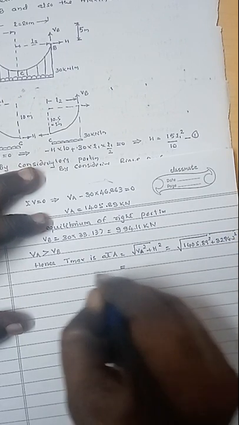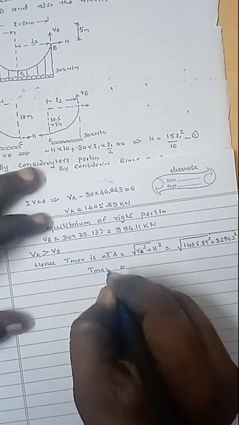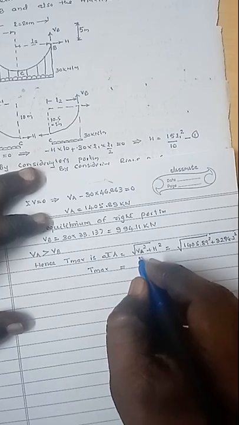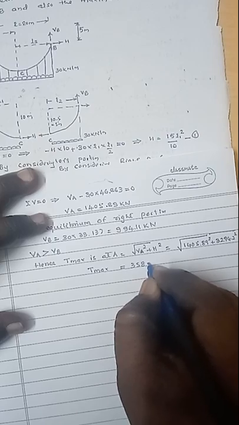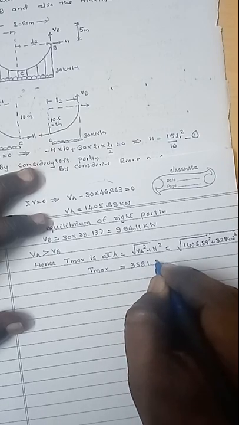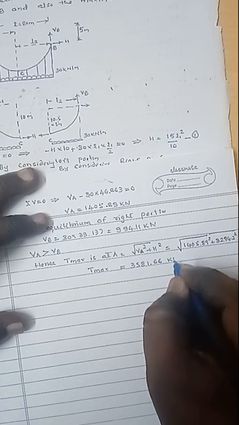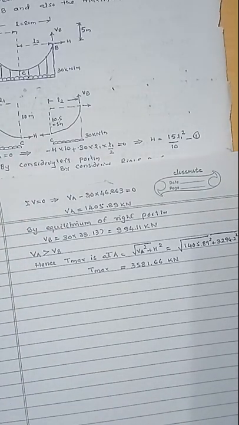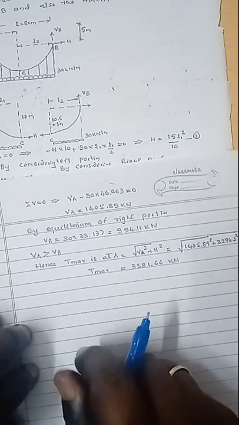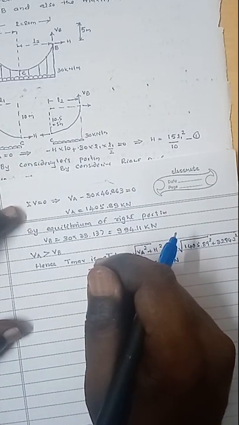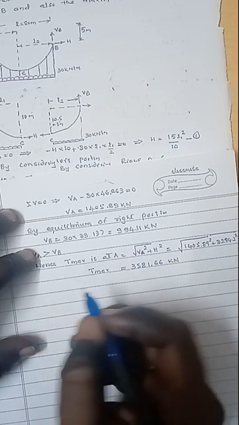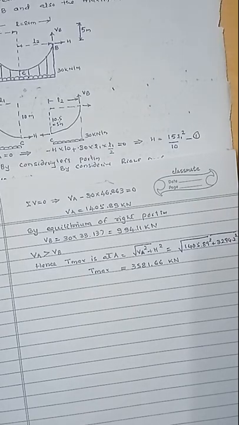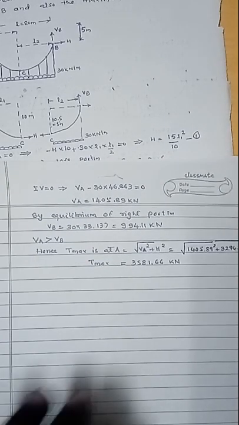Then this equals T max, that is 3581.66 kilonewton. Here this is the maximum tension in the cable. This is the given solution for the given problem.